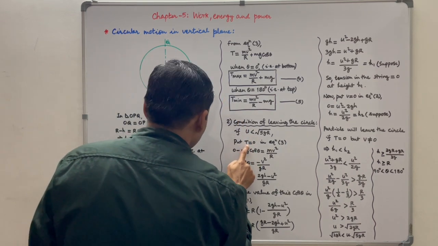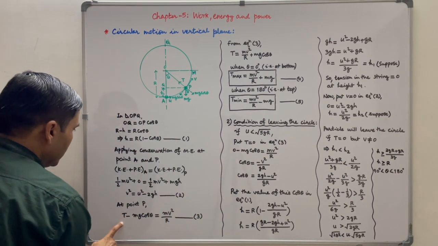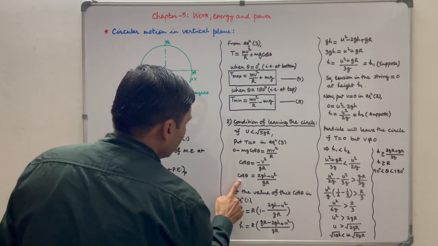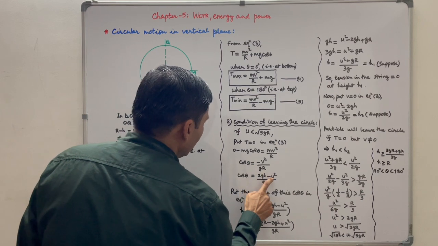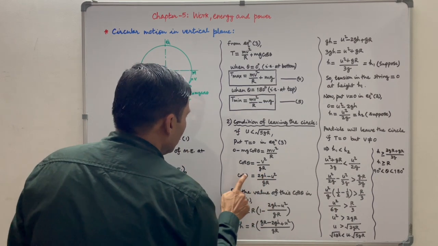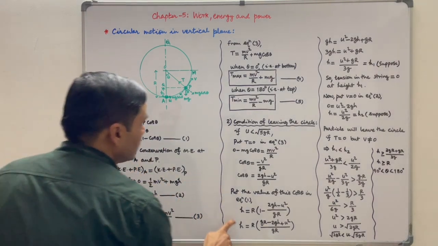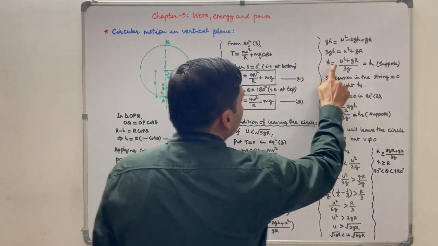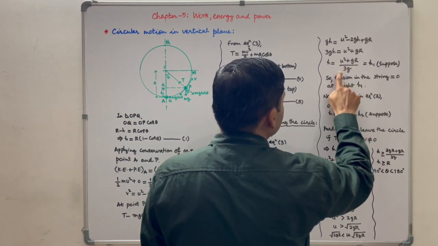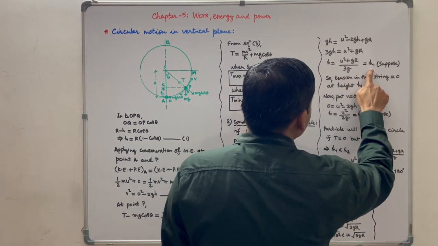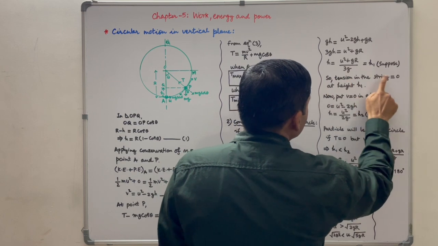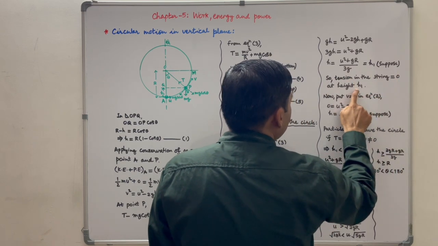So put T is equal to 0 in equation number 3. This gives cos theta is equal to 2gh minus u square upon gr. Put this value of cos theta in equation number 1. This gives h is equal to u square plus gr upon 3g. Let us say this is height h1. So tension in the string is 0 at height h1.